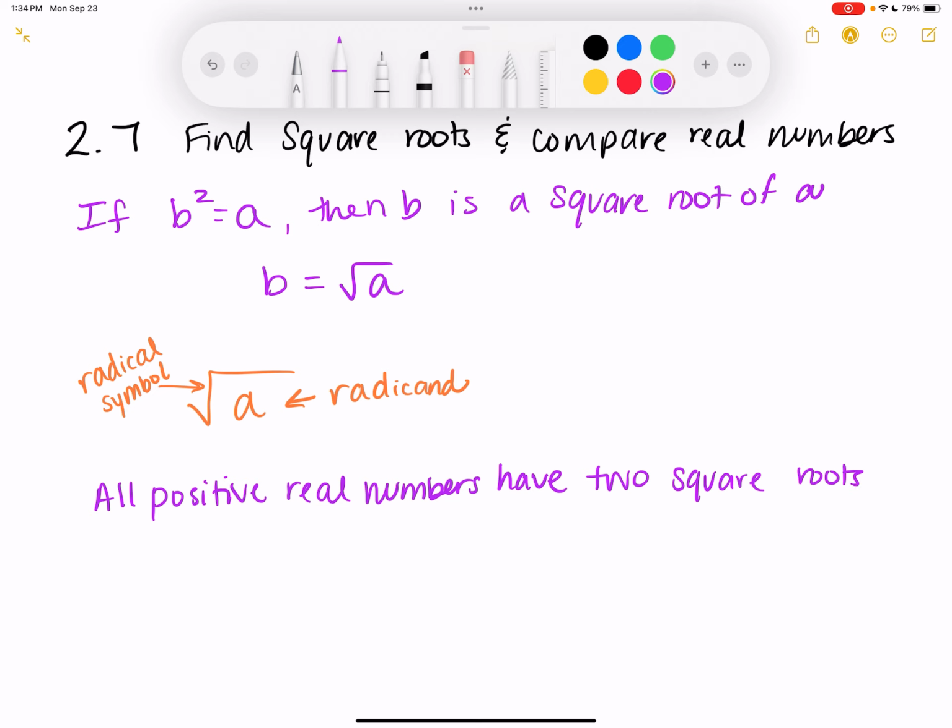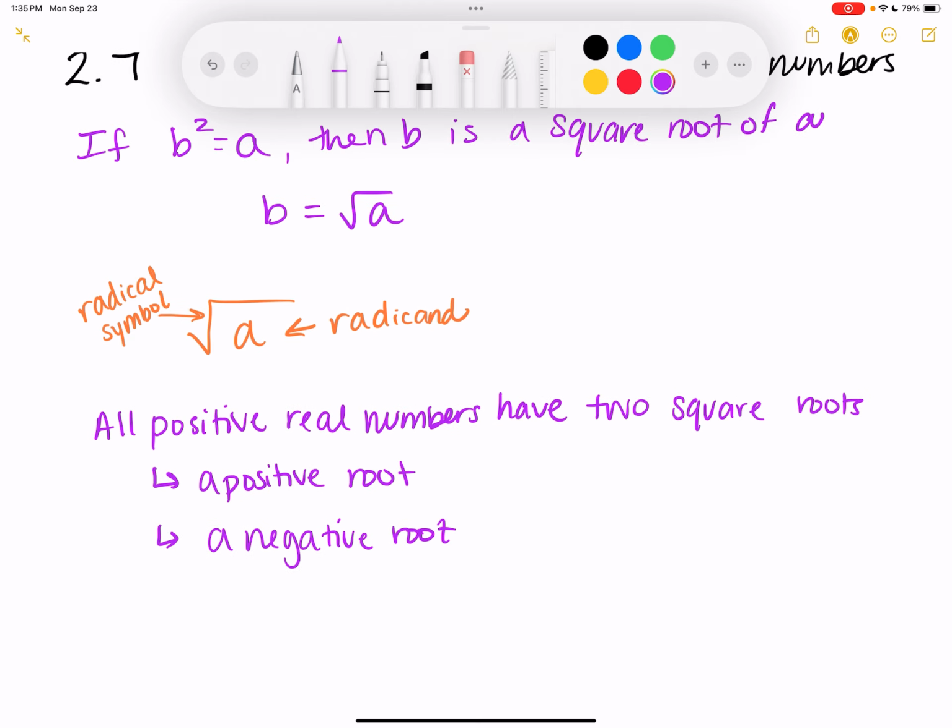A positive root and a negative root. However, 0 only has one square root. So the square root of 0 is equal to 0.